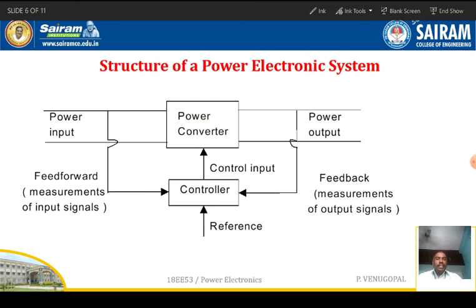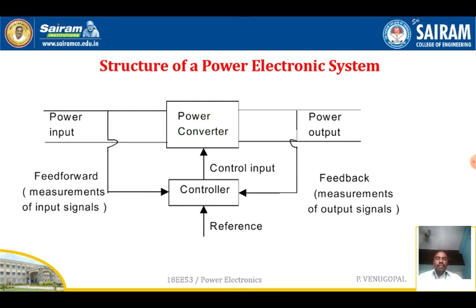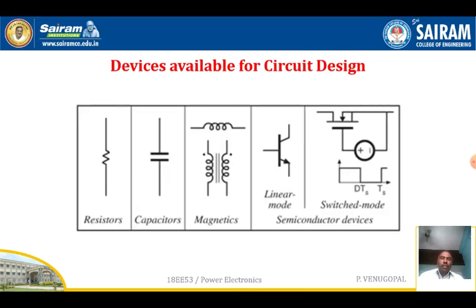Next, what are the devices available for circuit design? You are observing resistors, capacitors, magnetics, meaning the transformer with primary and secondary, linear mode and switched mode. These are the devices available for the design of power electronic circuits.